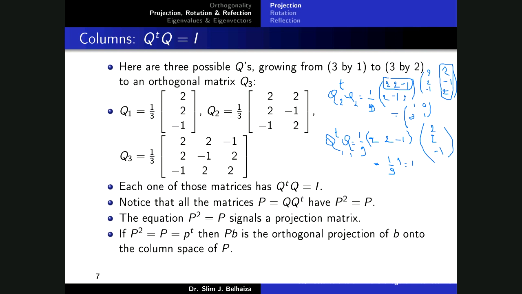So notice also here that for every matrix defined as Q times Q transpose, you'll always have P squared equals P. Why is that happening?